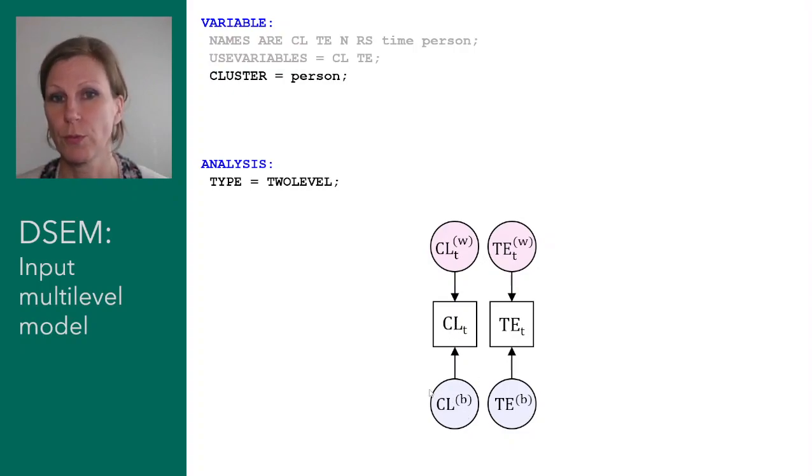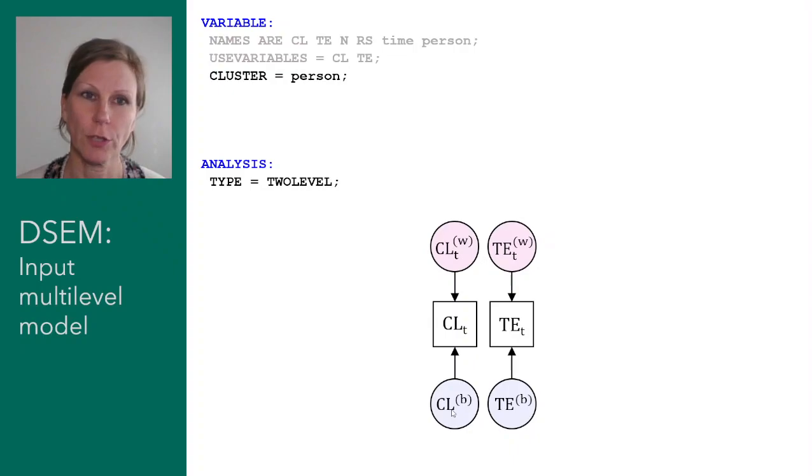One is the between-person part, which is a person's mean over the repeated measures on closeness. Then there is a temporal deviation from that mean, which we refer to as the within-person part. The same decomposition is done for the other variable, tension. That's done because we have this clustering and because we indicate we want a two-level model.